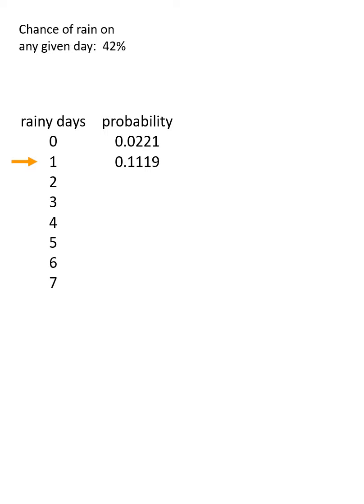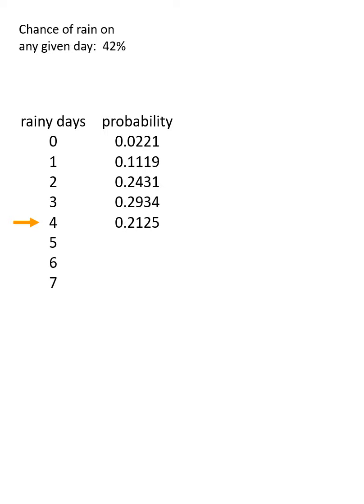But my calculations showed that a 2-day rainy week is even more likely at about 24%. A week with 3 days of rain turns out to be 29% likely. A week with 4 days of rain is a little less likely.